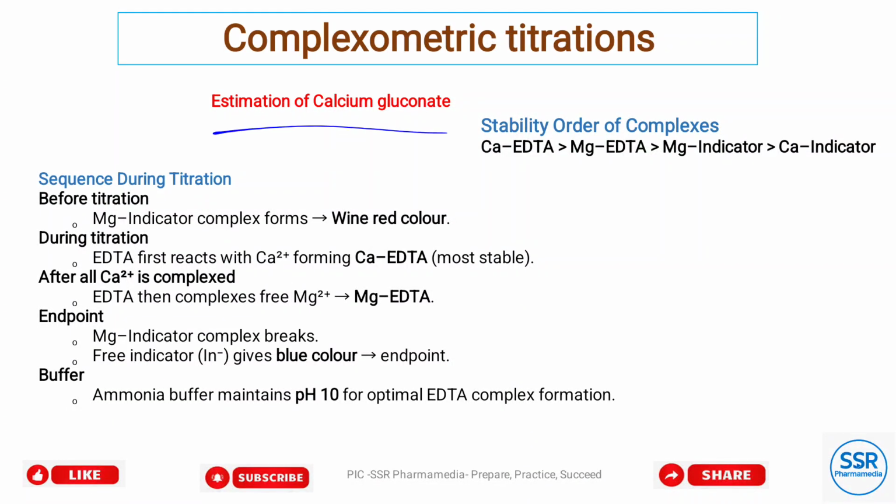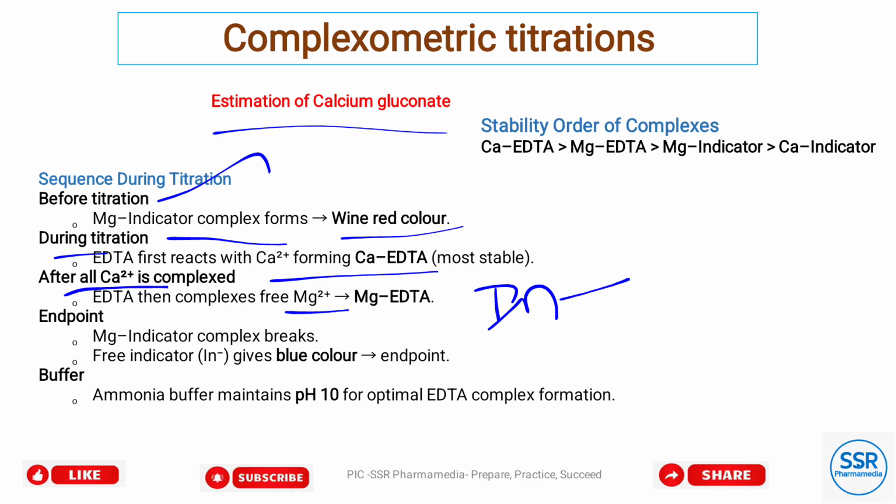Estimation of calcium gluconate, we need to know. You read it before titration. So the magnesium indicator complex forms wine red color, and during the titration calcium EDTA forms a more stable complex. After the calcium ion reaction is completed, the EDTA abstracts magnesium ion from the indicator.